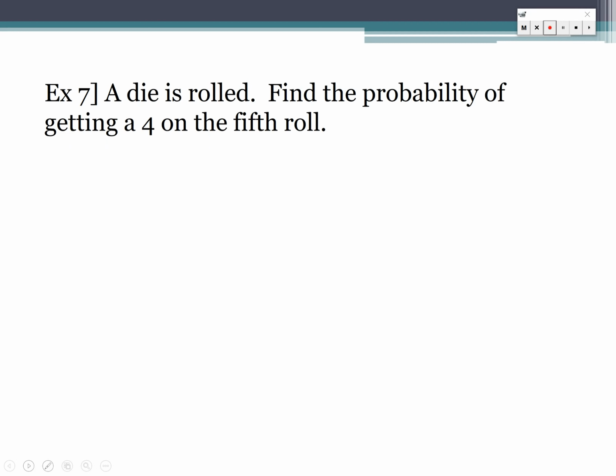N is still the number of trials, p is still our probability of success. So for example, a die is rolled. Find the probability of getting a 4 on the 5th roll. So I want to keep this experiment going until I get a 4 on the 5th roll. So probability 4 on the 5th roll.